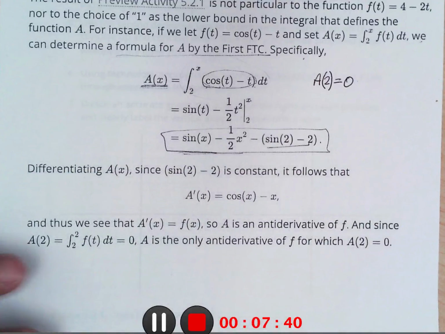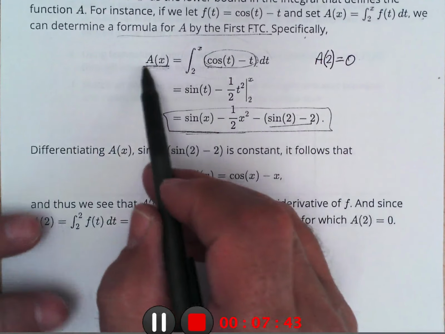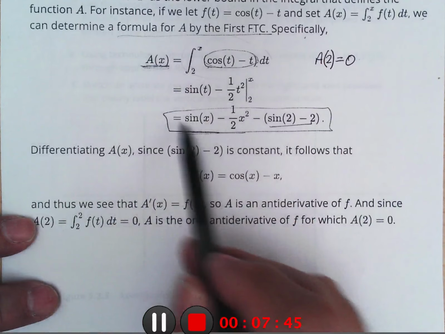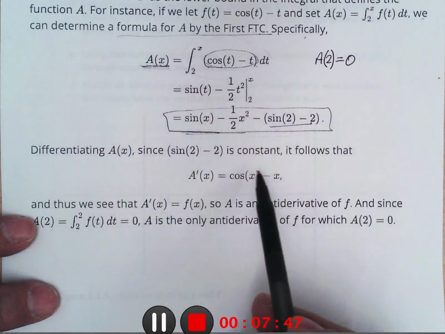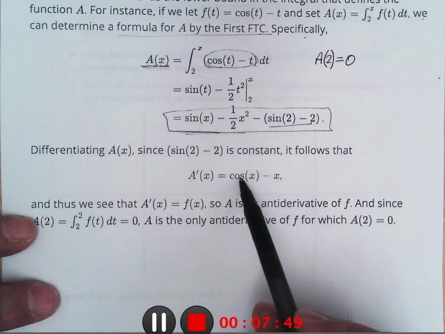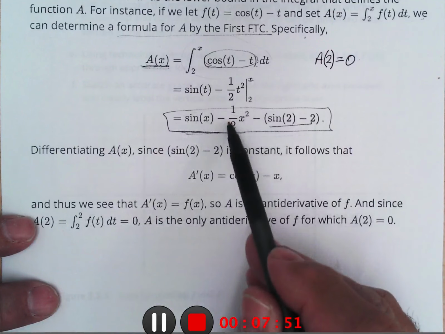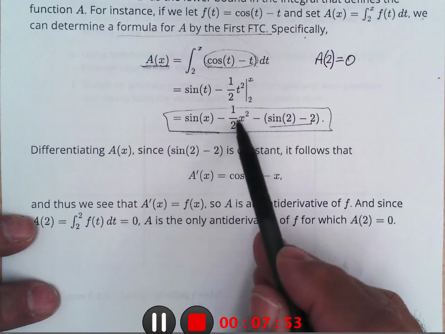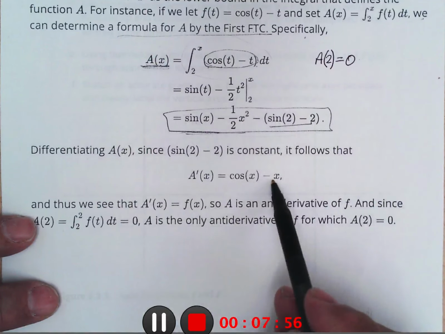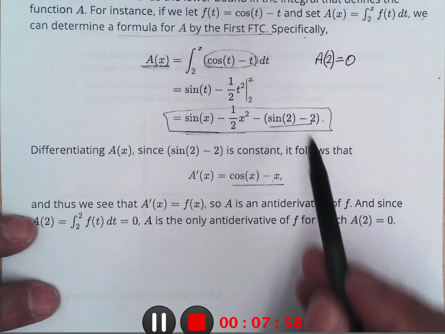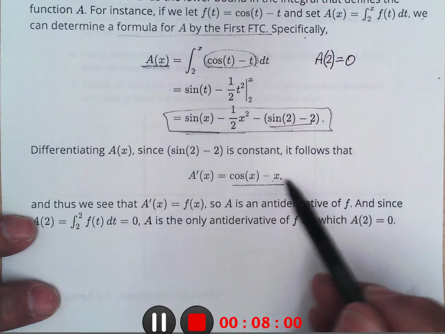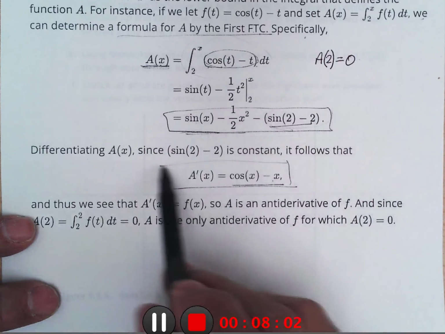Now, if you took the derivative of this, we'd get cosine of x, and 2 times 1/2 is 1, x to the 1, and the derivative of the constant is 0, so this is the derivative of all of this stuff.